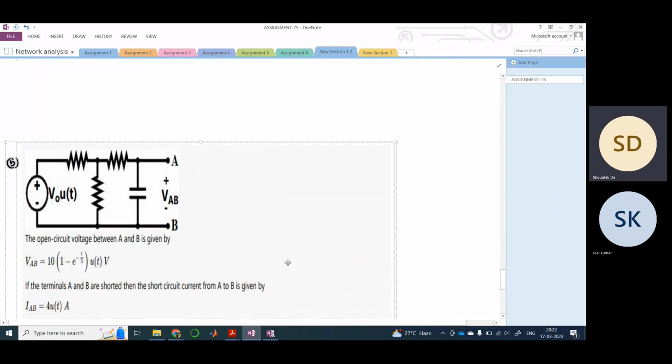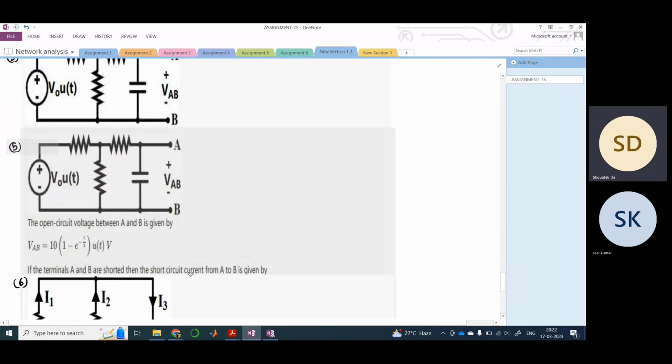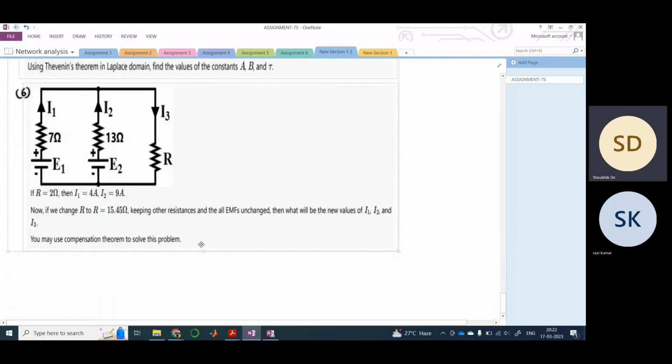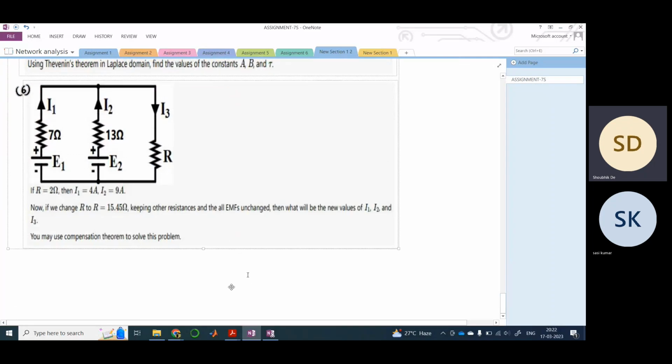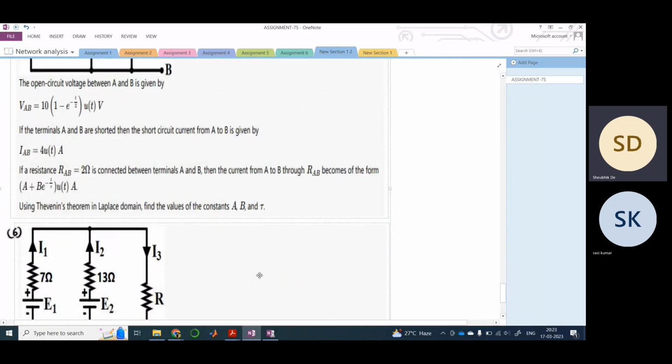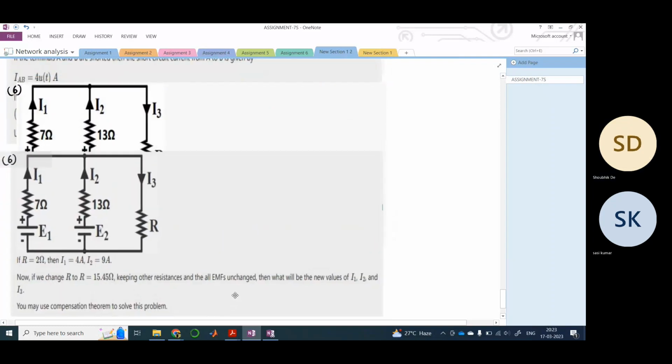These two problems I am not solving. I mean, you can. It will be there. These are assignment problems, so I am intentionally not solving them.